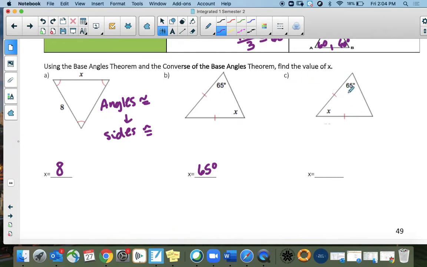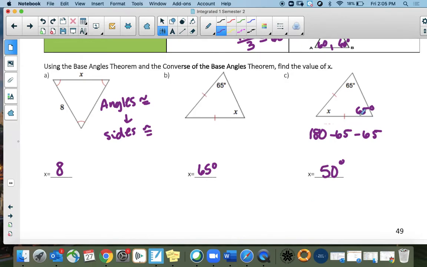So we know this is 65 degrees, therefore this is 65 degrees, but not this one. This one we have to figure out. And remember, all three angles add to 180, so you would do 180 minus 65 minus 65 to finally figure out what x is. And x in this case is 50 degrees, right? 180 minus 65 minus another 65 is 50 degrees.